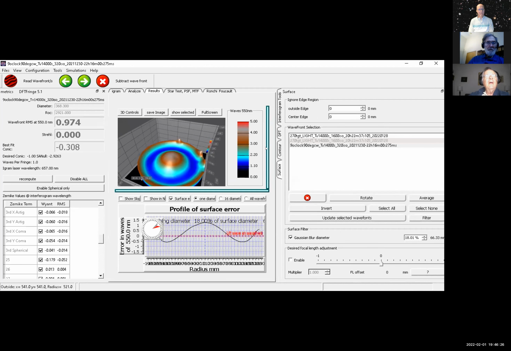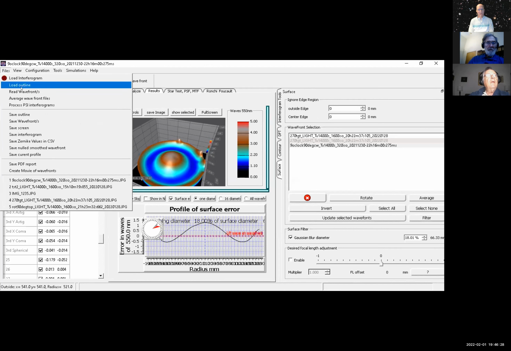Oh, this is another, okay. I'm going to have to find the time when I actually did do it. Now, this is all data and measurements that you've done since you finished the mirror, and this is all new stuff that you've learned? Yes, that's right.